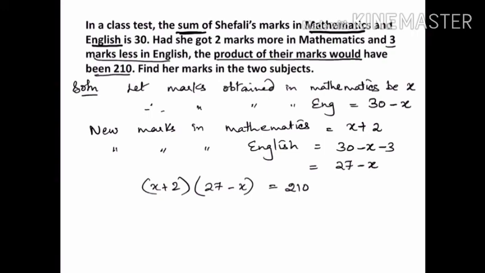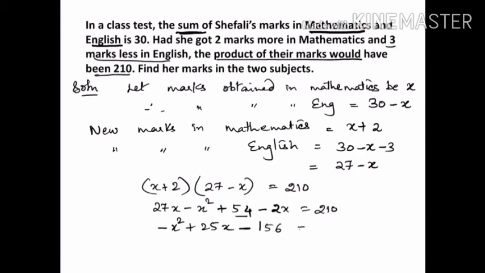Now we write this equation in the standard form. So simplifying, 27x minus x square plus 54 minus 2x is equal to 210. Minus x square plus 25x, carrying 210 to the left side and adding with 54, we get minus 156.